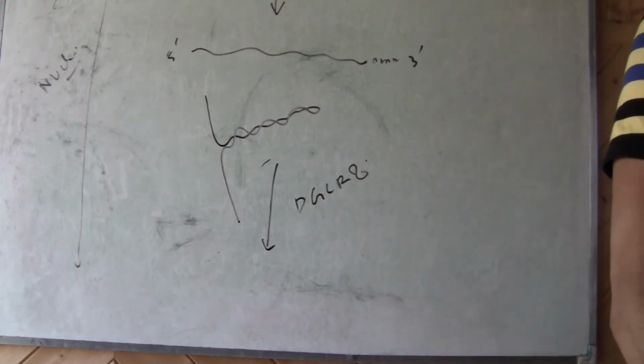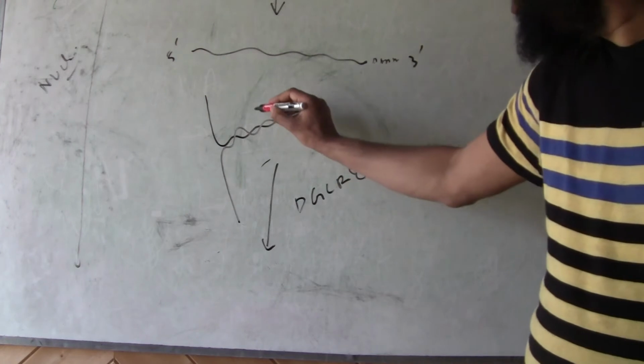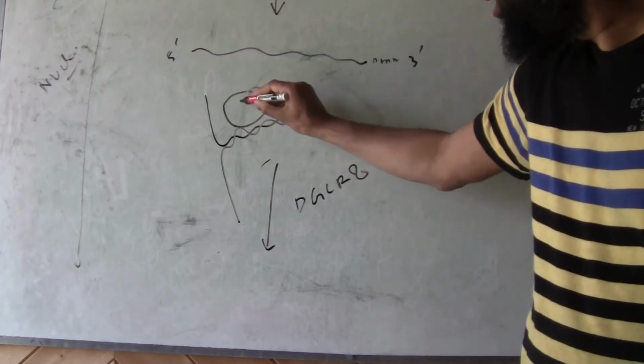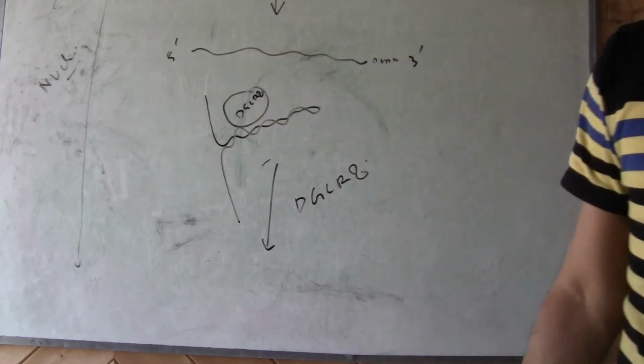This is the protein DGCR8. It recognizes this loop, and it binds to this loop-like structure.